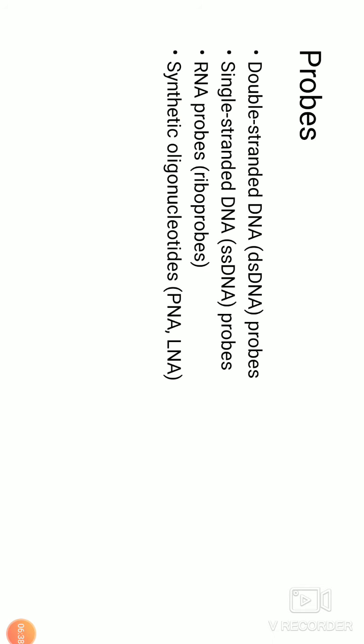So basically, a probe is a nucleic acid fragment that is complementary to another nucleic acid sequence, and thus when labeled, (I'll tell you what labeling is in the next slide), it can be used to identify a complementary segment. So a probe actually hybridizes to single-stranded nucleic acid.